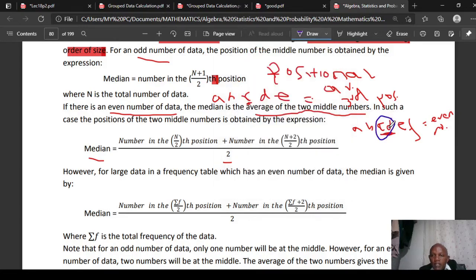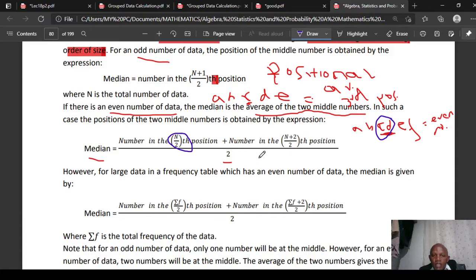So how do we get this mathematically? It is n over 2, ith position. So you get 6 over 2, which is 3. So it will be the third position, plus (6 plus 2) over 2, which is 8 divided by 2, which is 4.